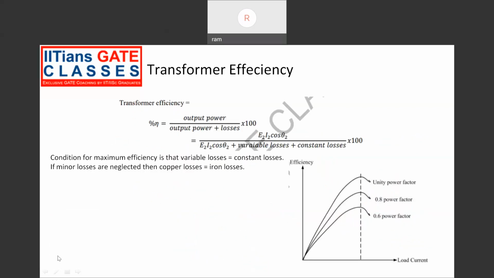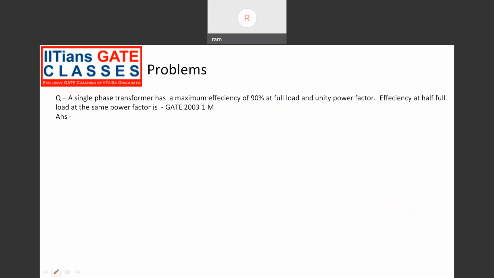So this is what we have discussed in the earlier slide. Here the curves are more clear. Try to solve this question, guys.